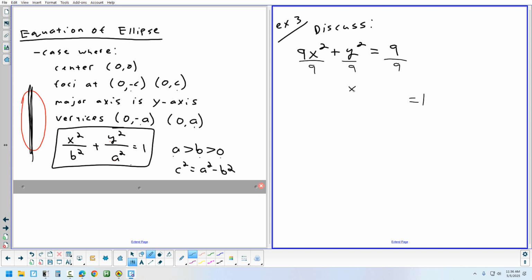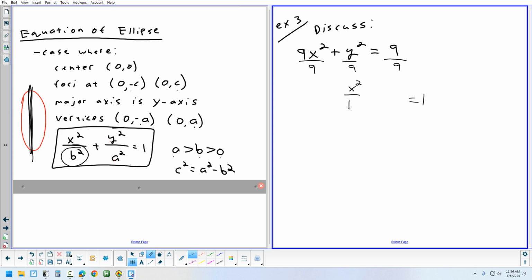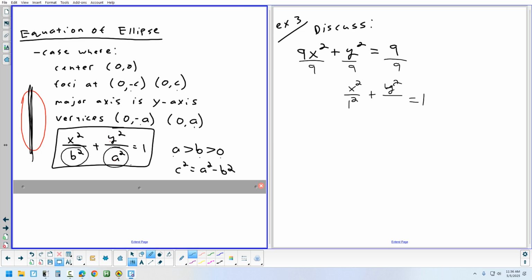We're going to have x squared over what's going to be my denominator if I want to write it like that? 1 squared. So it's x squared over 1 squared plus y squared over, and again, if we can write it like that, it's going to tell us what a and b are right away.